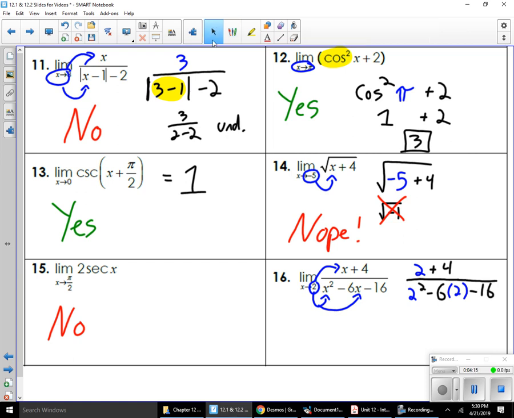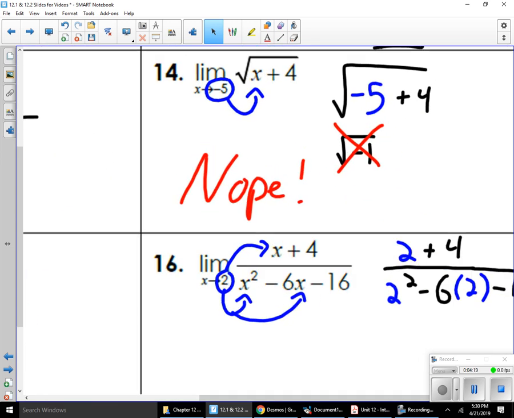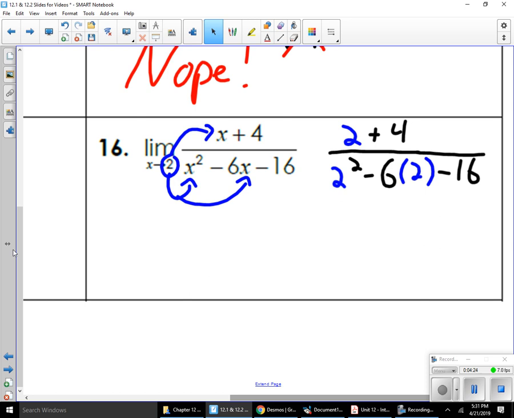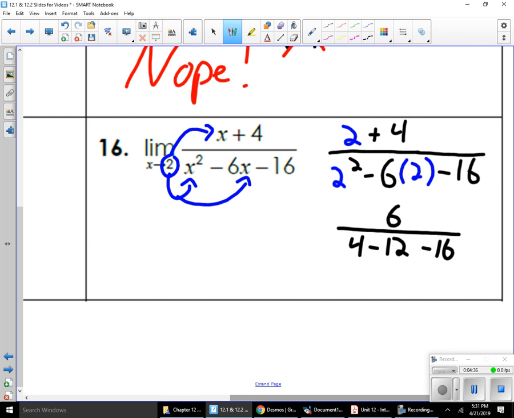All right. This is a math one. So that numerator's not too bad. 2 plus 4 is 6. In the denominator there, 2 squared is 4. 6 times 2 is 12. And then we also have a minus 16.